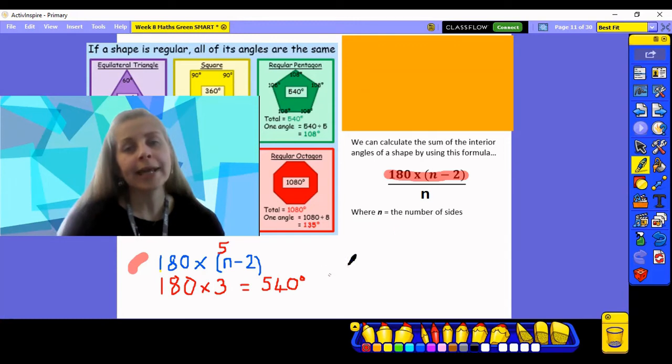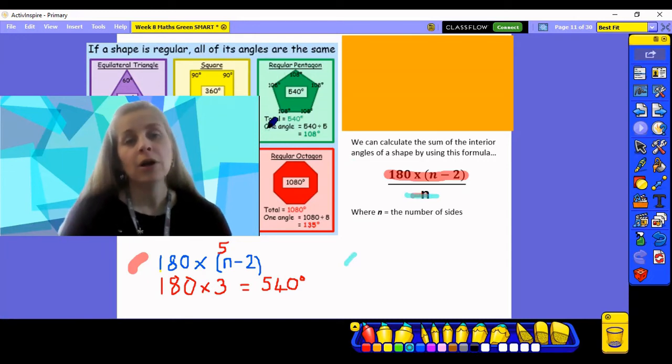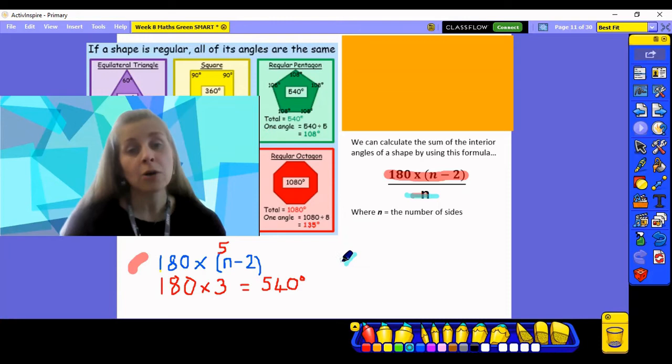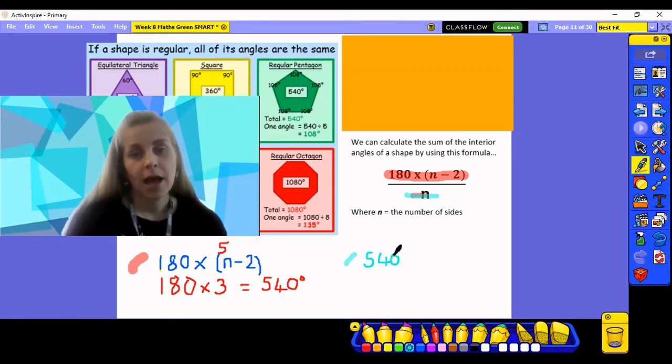Now the second stage of our working: we want to look at a regular polygon of that shape. This only applies to regular shapes. For regular shapes, we can use our total, which in this case is 540 degrees, and we divide that 540 by the number of sides.